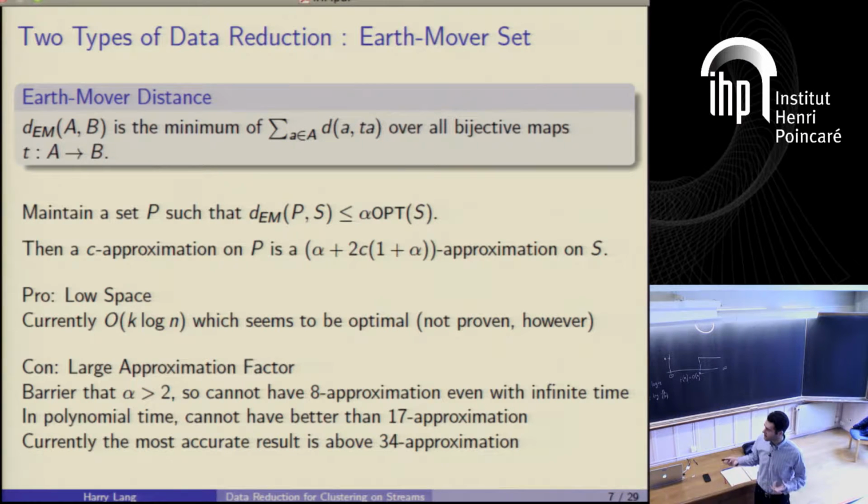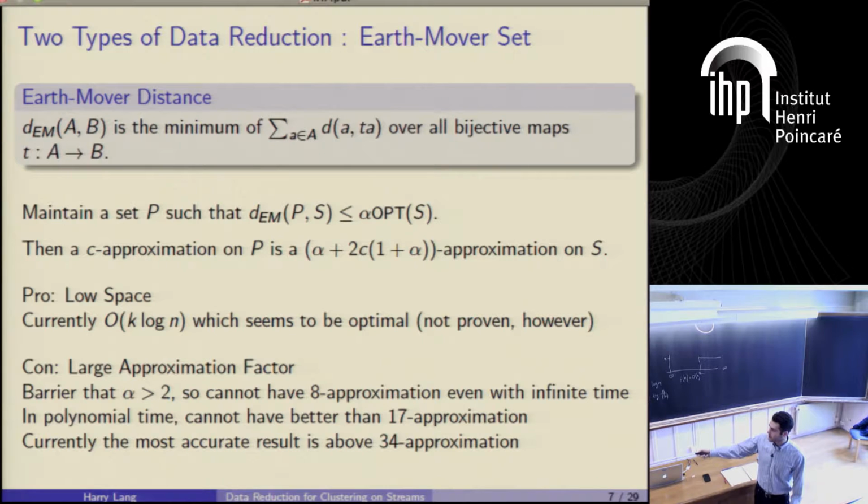In terms of facility location, I have n points originally, and maybe I can find some log n points to which I connect these n points, and the sum of all those distances is some constant times OPT. If that's true, I can get a constant approximation on the original stream just by running a constant approximation on this facility set.